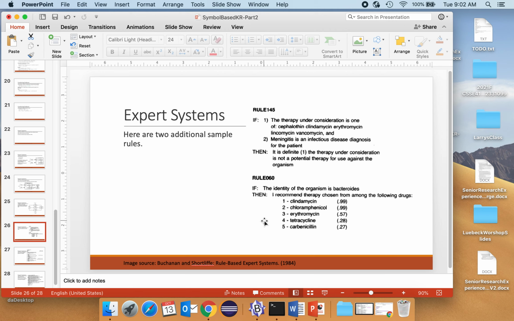Here's a rule for a recommendation that is being made. So notice that in this particular example, they can have up to 5 recommendations, again with different certainty factors, right? As we have seen before, perhaps there's another rule that makes recommendations for some of these therapies, and so they would combine that information. Now notice that they go down fairly low, because as we have seen, sometimes it's important to have negative information.